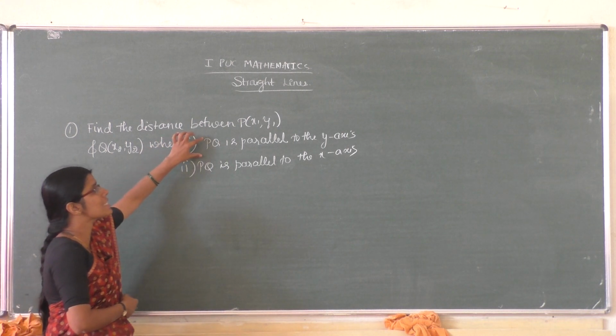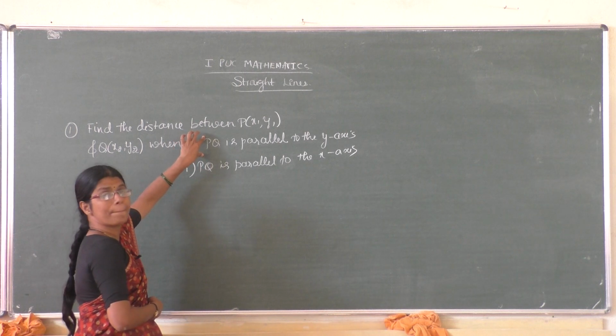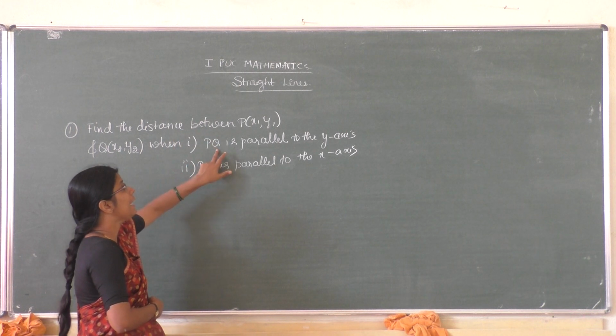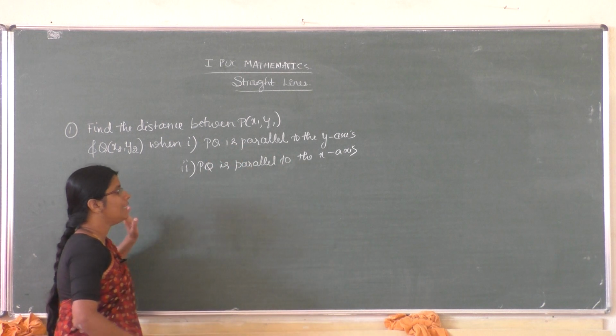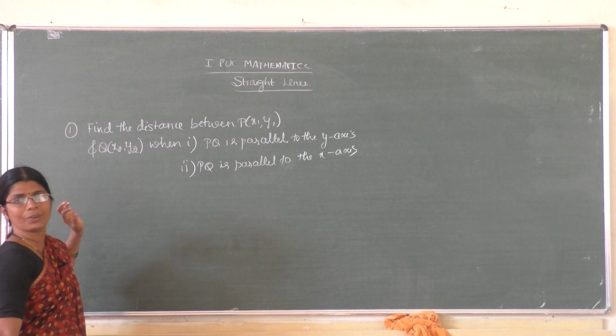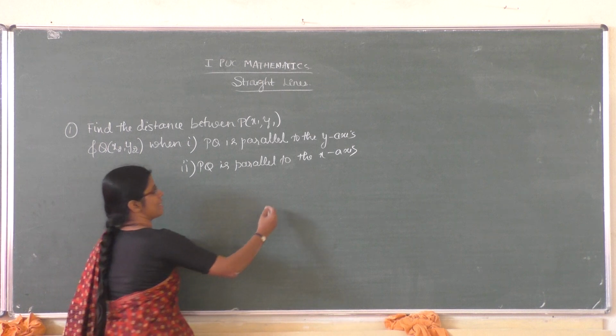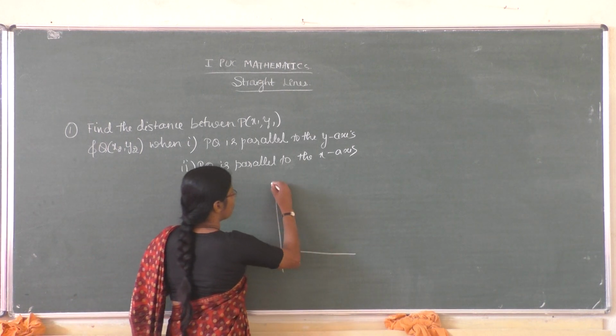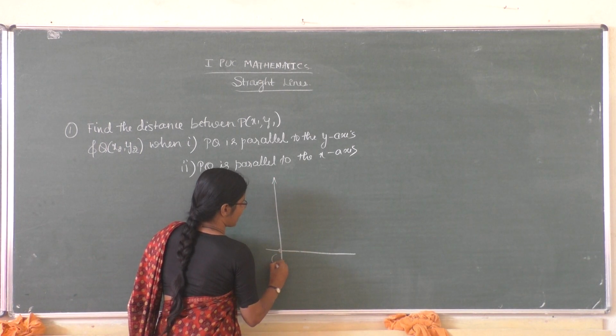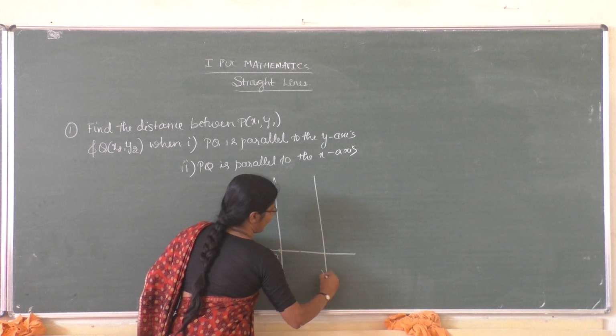Suppose any line which is parallel to the y-axis. Suppose we have it like this. This is the y-axis, so a line parallel to it is of this form.